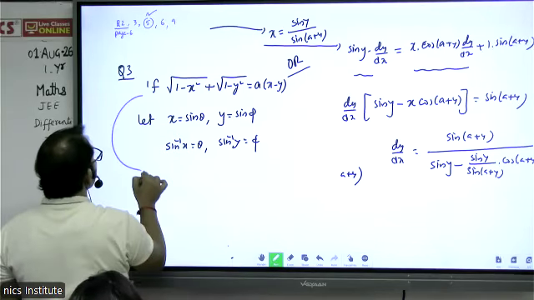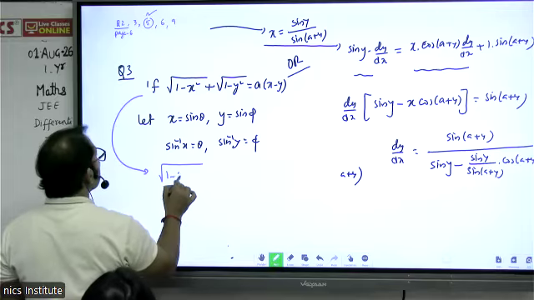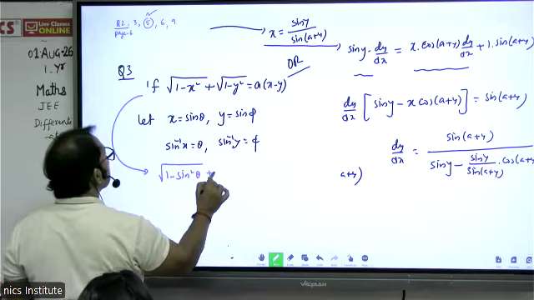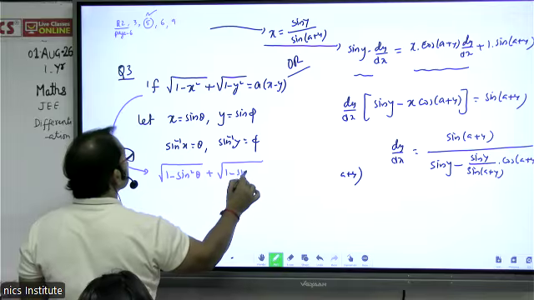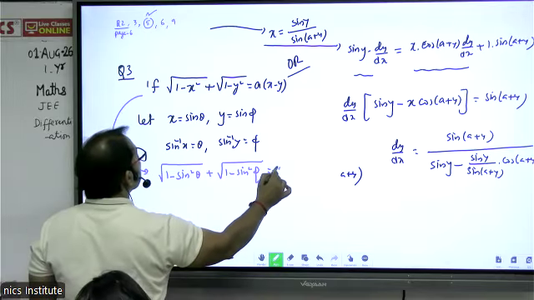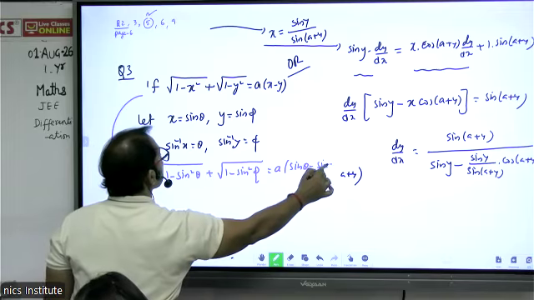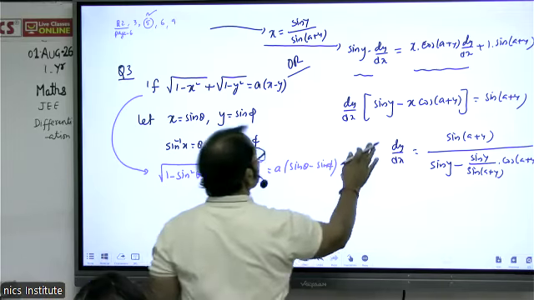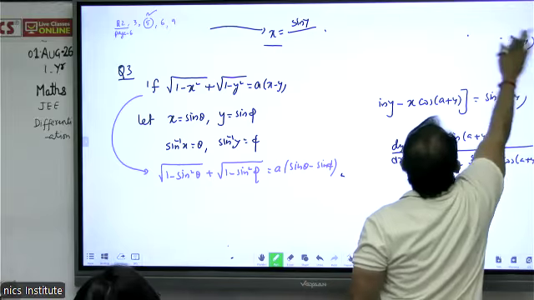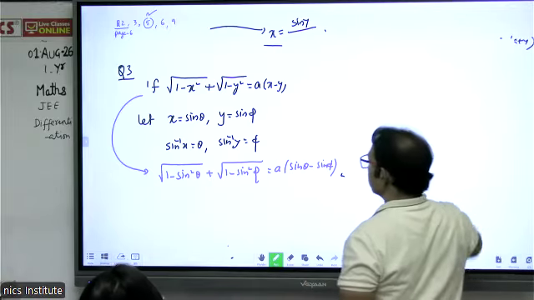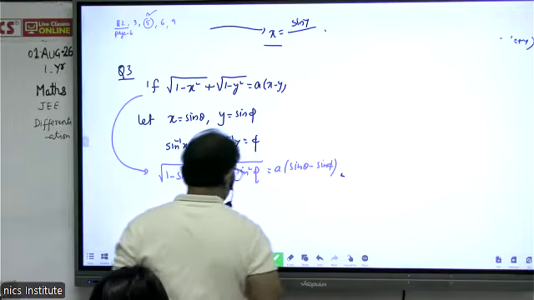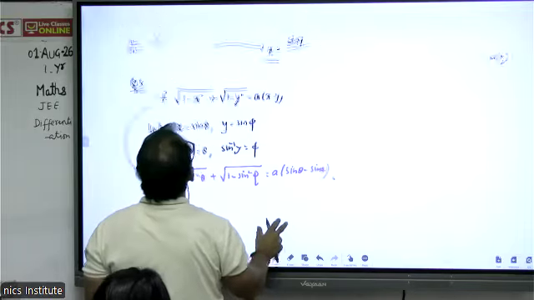So when you substitute, this is under root 1 minus sine square theta plus under root 1 minus sine square phi, a into sine theta minus sine phi. दिया हुआ है क्वेश्चन में.